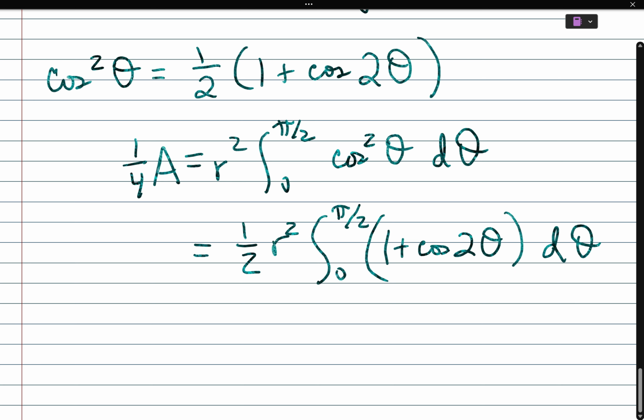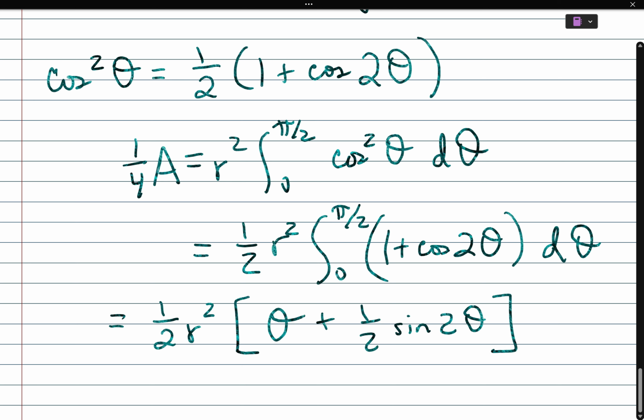And this is with respect to theta. And then we have 1/2 r squared times: the integral of 1 is theta, plus the integral of cosine 2 theta, which is 1/2 sine 2 theta, going from 0 to pi over 2.